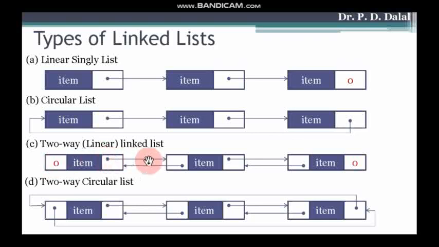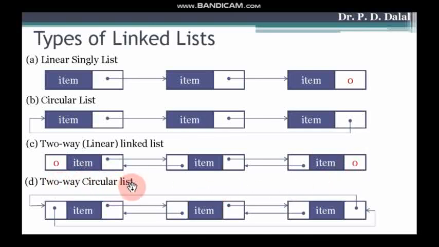For the first node, the next node will be the second node, and no previous node is available, so it is 0. For this node, the previous node address is this, next node address is this. For this node, the previous node address is this, no next node available, so it is 0.